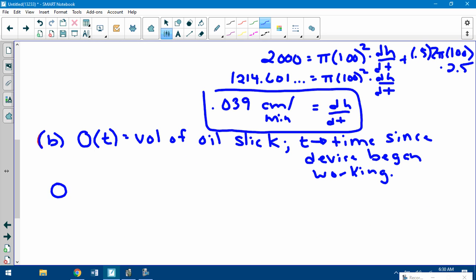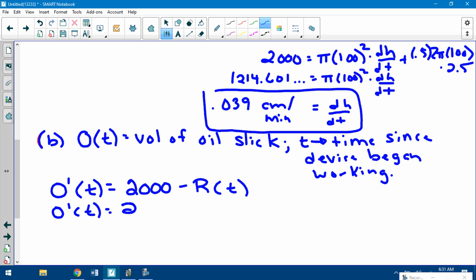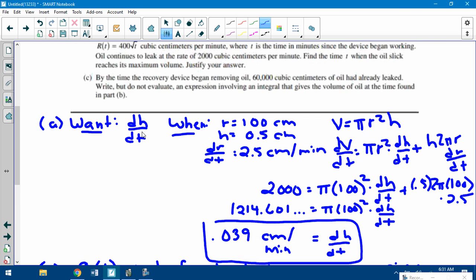O prime of t is equal to the rate of it increasing, 2,000, minus the rate of it decreasing, which was R of t. So O prime of t is 2,000 minus 400 radical t.